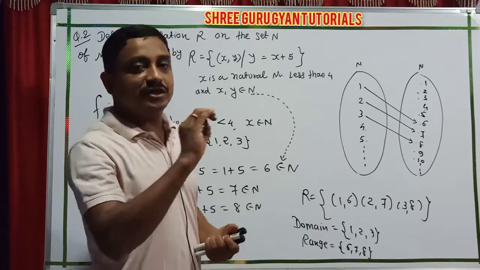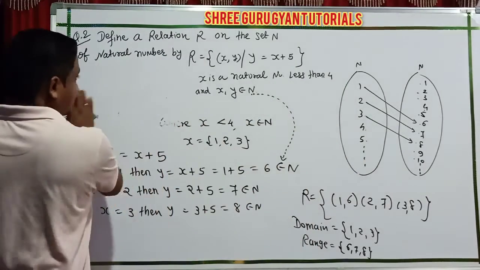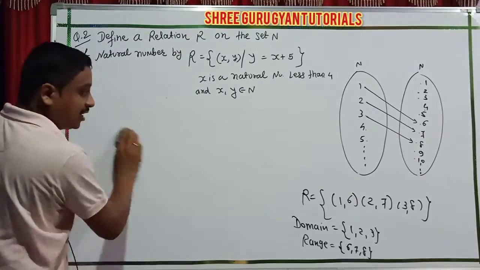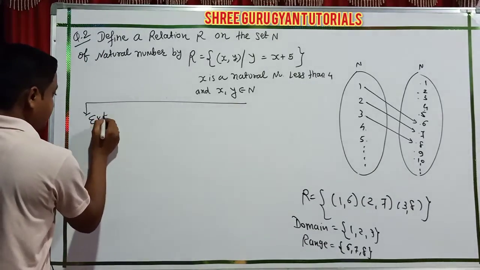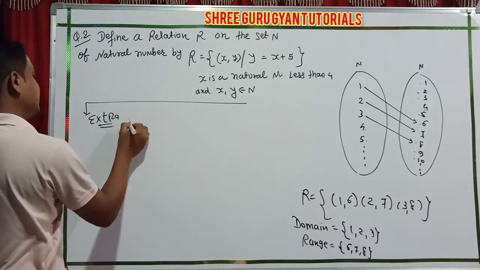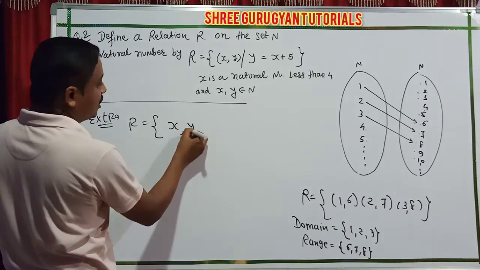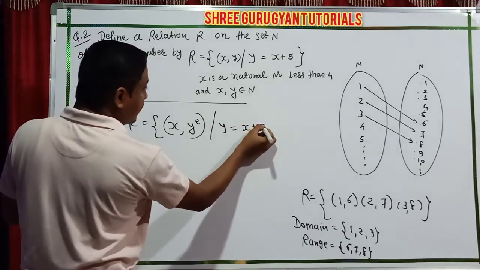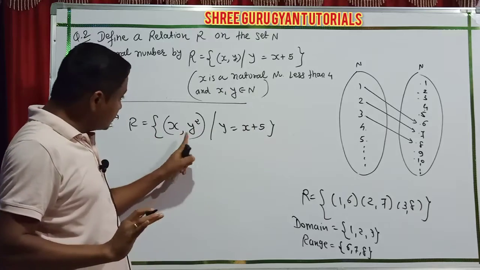But students, this question I will explain with an extra variation, where only the question changes. This numerical is done, but I am now showing one extra. If the question asks for R the same as x and y square, with y equal to x plus 5, the conditions are the same. All these conditions are the same, so the answer changes here, students.